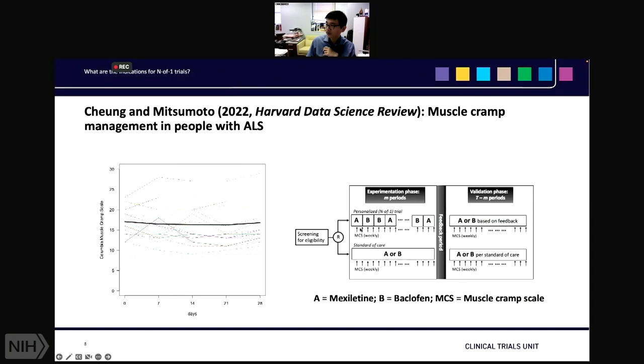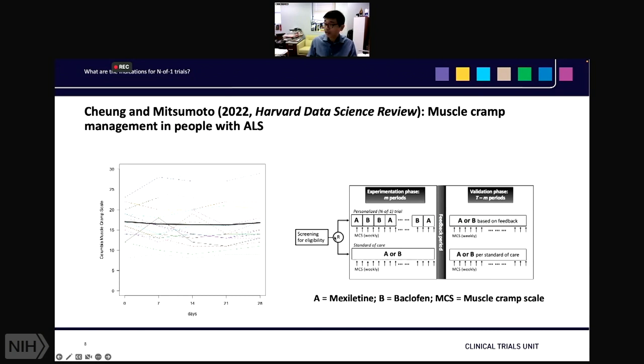In terms of design, there's no physical washout in this study, in that participants will be taking medication continuously, just different medications. But in order to avoid carryover effect, we're again going to do the analytical washout, in that we're going to use the 2nd week data point for comparison. So that is the N-of-1 trial arm.